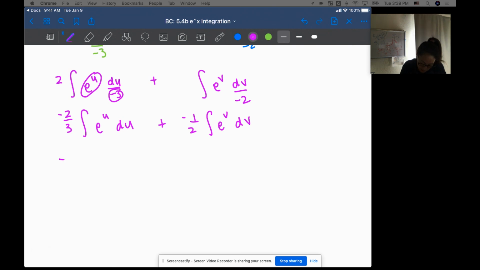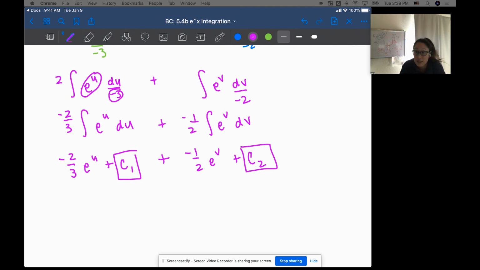I get negative 2/3 e to the u plus c1, plus negative 1/2 e to the v plus c2. I'm going to combine c1 and c2 into one solid c. It represents c1 plus c2, but it's just a constant.